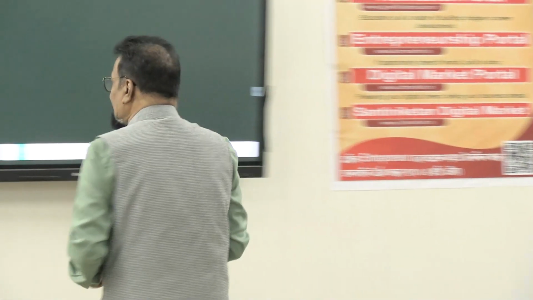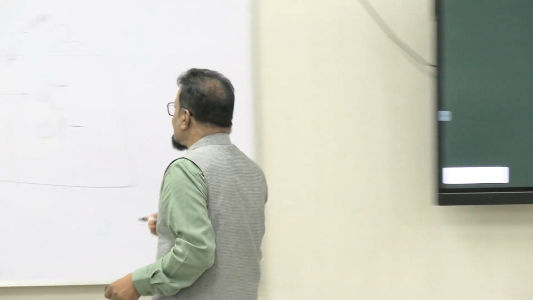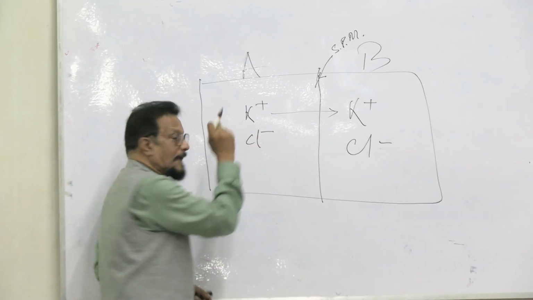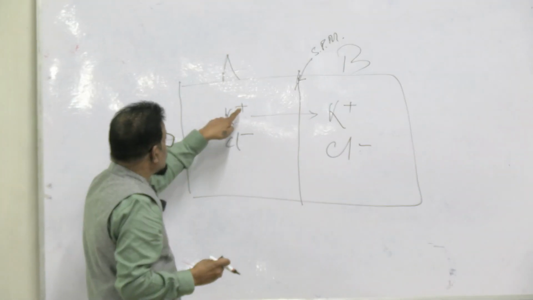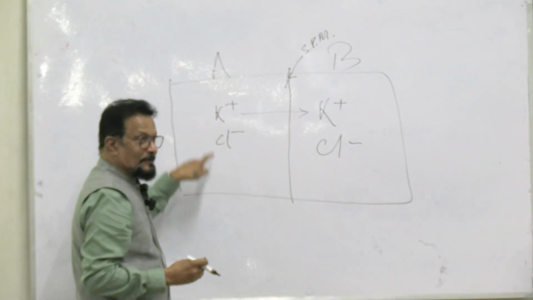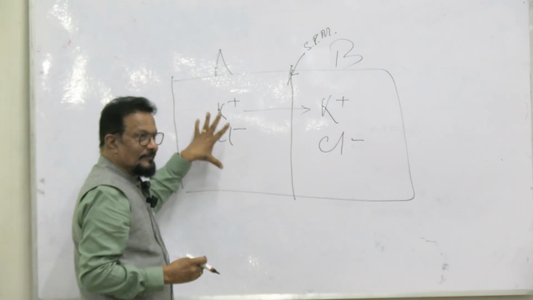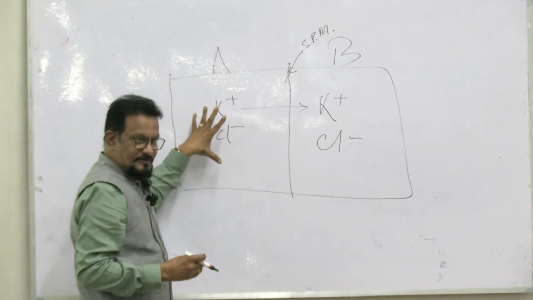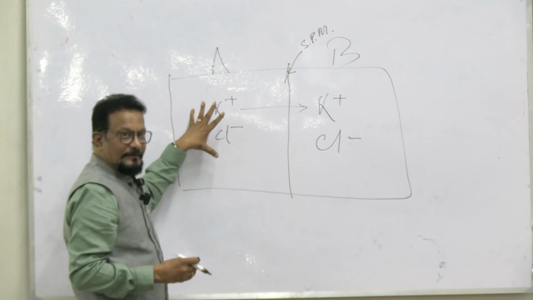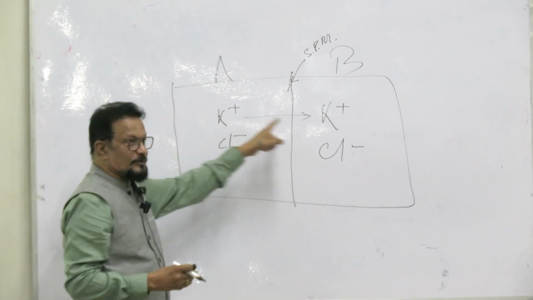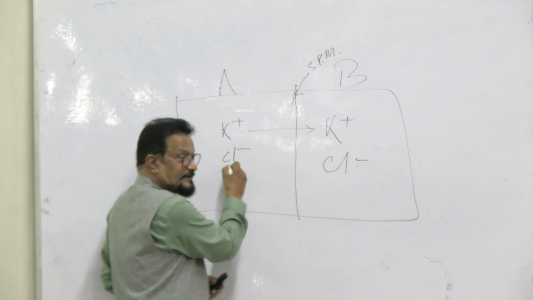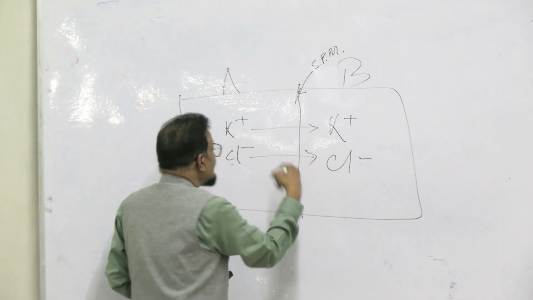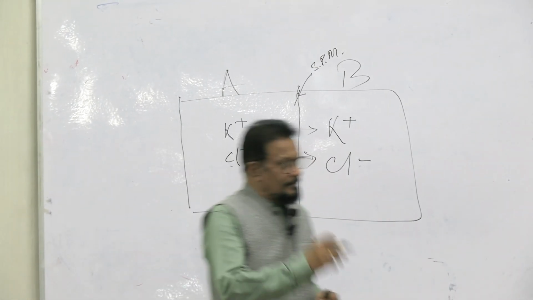So this will move there, and similarly, potassium and chloride, positively and negatively charged, like to stay together. Since potassium has gone and the concentration of chloride is also higher here and less there, the chloride ion will also move there.